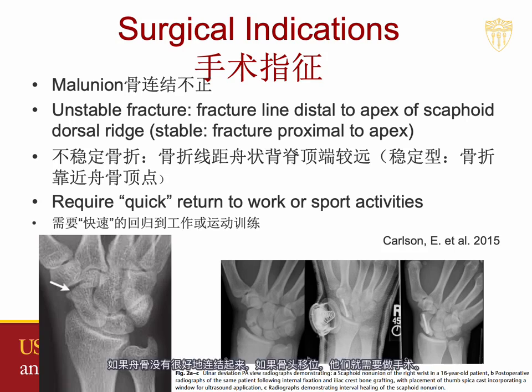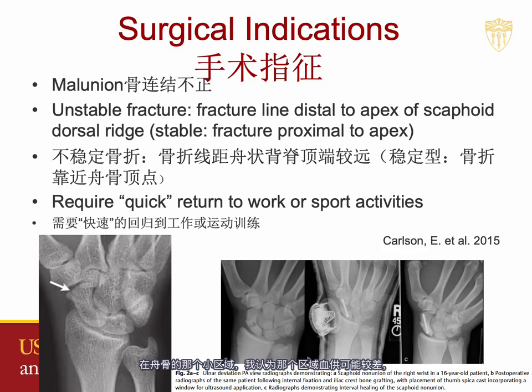So if there's not a good union of the scaphoid, so if there's shifting of the bones, then they're going to do surgery. So if it's unstable, also if the fracture line is more, let's see, this is hard to understand, distal to the apex of the scaphoid dorsal ridge. So I think that would mean where that little arrow is on the left.